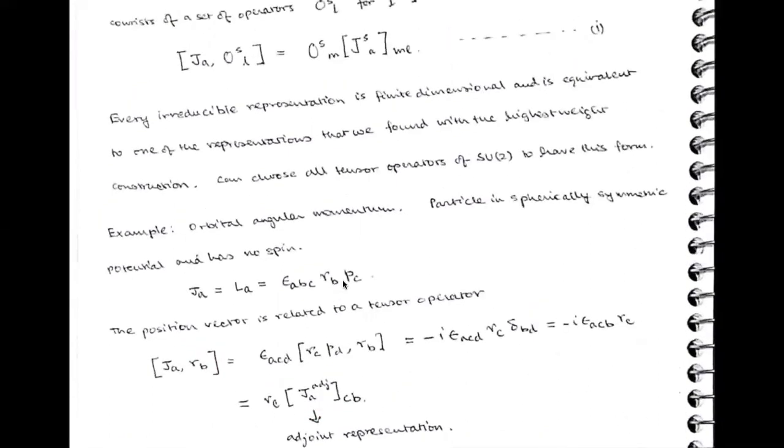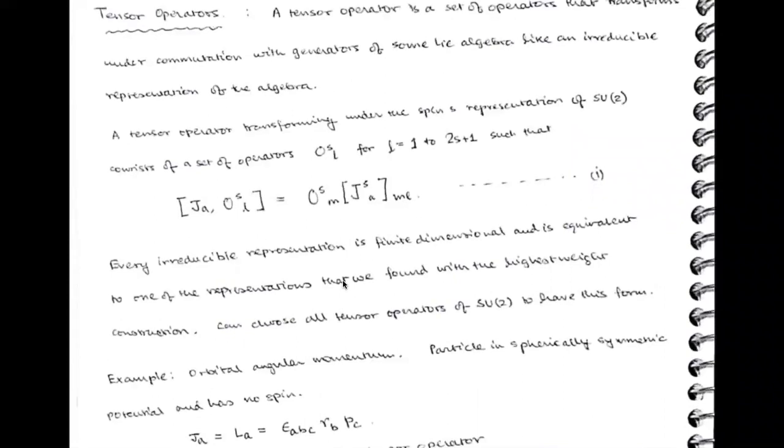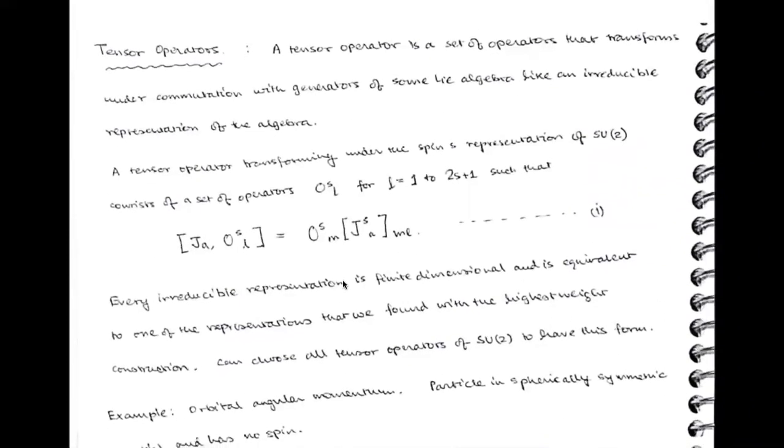So we see that r_b, the vector R, this operator R, transforms in the adjoint representation. Of course this is an irreducible representation of the algebra, so we see an explicit way by which this is done.